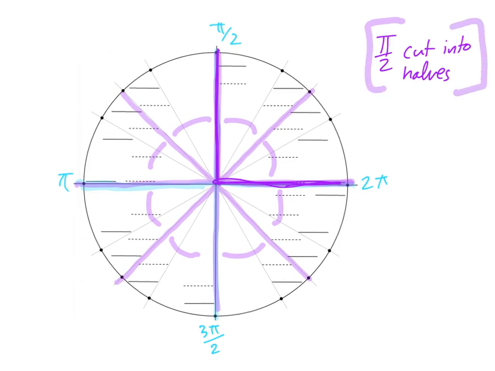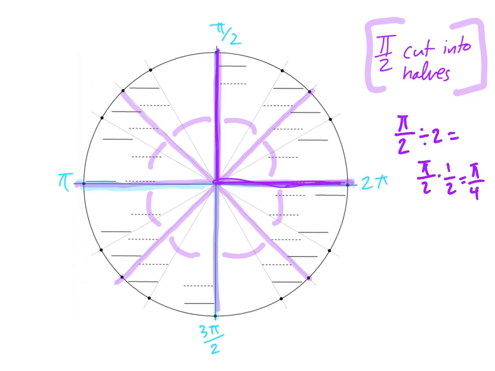So if I have a half, I can cut it into another half. True story. So for this, and I think in the video, I said something like this. If I have pi over 2 cut into half, so I'm going to divide it into 2 parts, I have pi over 2 times 1/2, which is pi over 4.